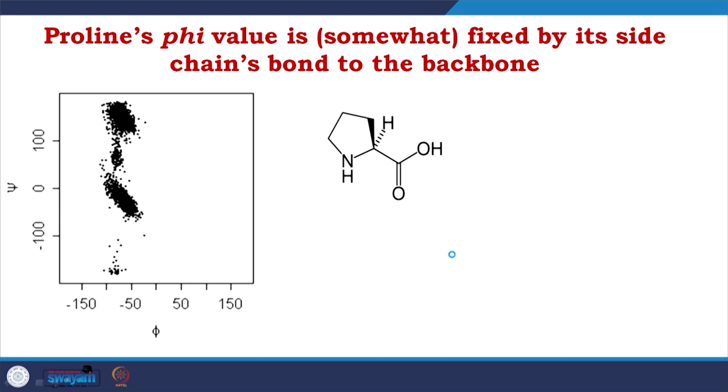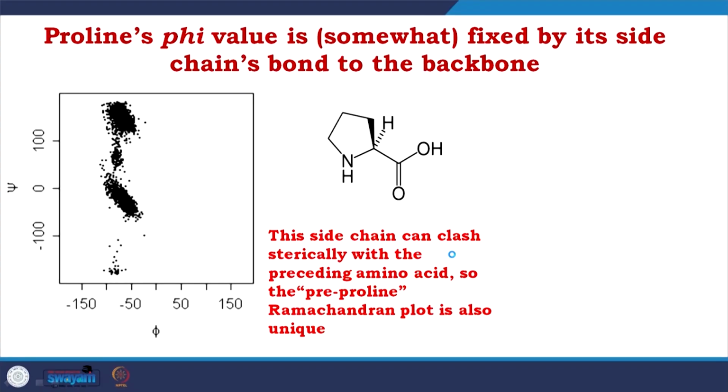See, it is fixed, so it is only in one axis, and in the other axis you do not see the change. This side chain can clash sterically with the preceding amino acid. So the pre-proline Ramachandran plot is also unique. Try to understand that. Proline is locked, so the residue before proline would also be interesting.